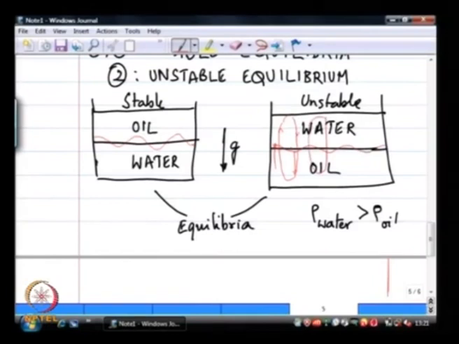So, every one of these little perturbations is going to set up a roll like that. Now, I did not draw these intermediate rolls here, but essentially there is also a roll there.